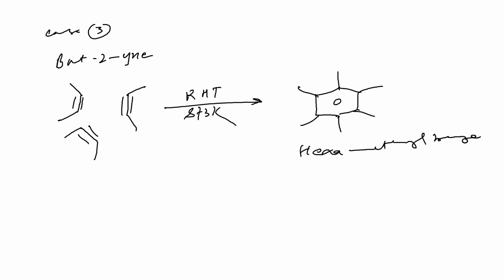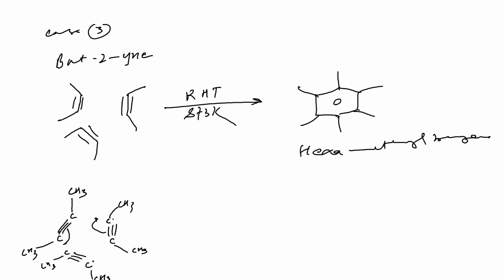Hexamethyl benzene. Now, if you are not able to understand this one, it's not a problem at all; here I can explain to you. See, this is again going to be CH3, triple bond C, CH3, triple bond C, CH. One bond here, another bond here, another bond here.